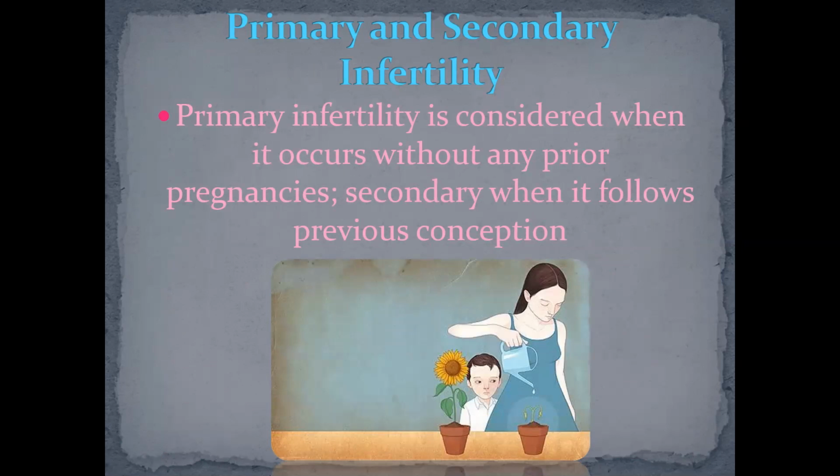For example, a couple starts sexual life without any protection, and there are no episodes of pregnancy at all. Any episode of pregnancy, no matter if it terminated by spontaneous abortion, miscarriage, recurrent abortions, stillbirth, or a normal full-term pregnancy, makes the infertility secondary. But primary infertility is when there are no pregnancies at all.